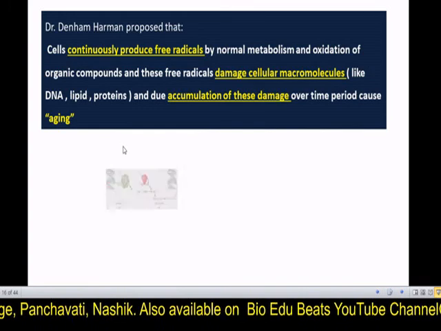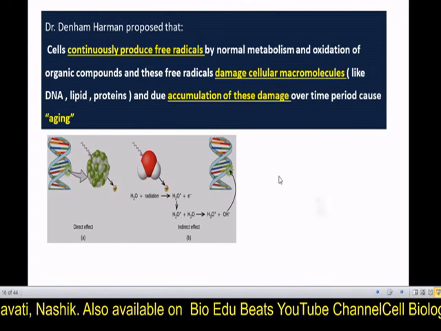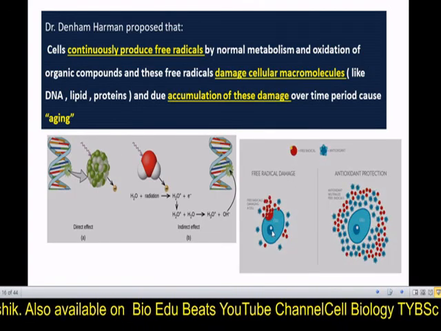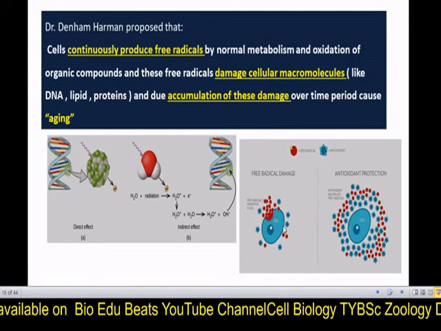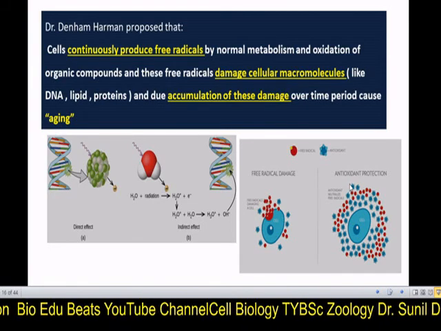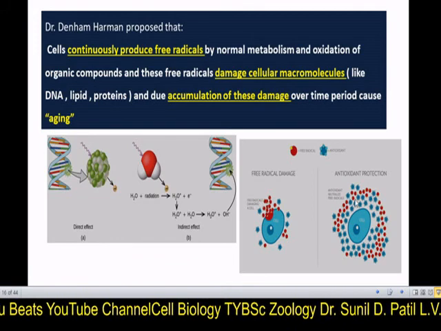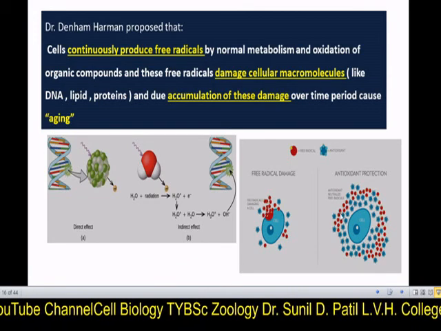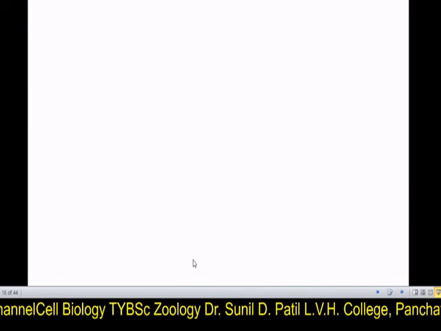So it is important in aging. We have already seen that free radicals cause damage to the cell. If there are antioxidants, these antioxidants neutralize the free radicals and the cell becomes protected.